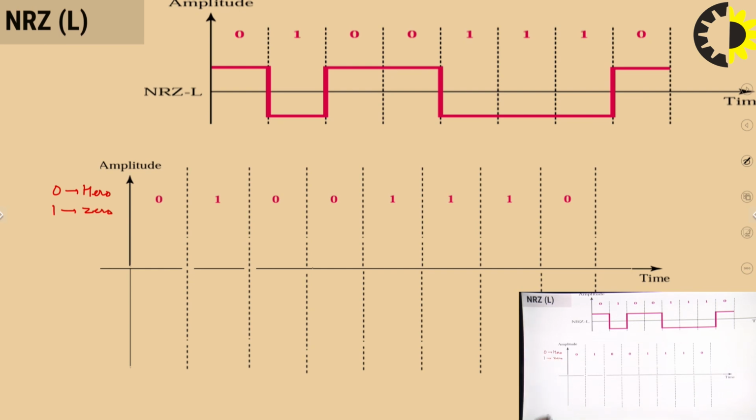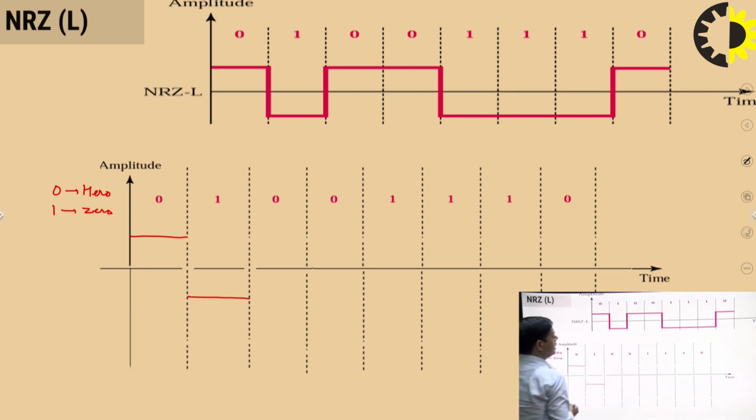Because 0 means hero, and hero means upper side, so 0 I am taking as upper side. 1 means the bottom side, below the baseline.